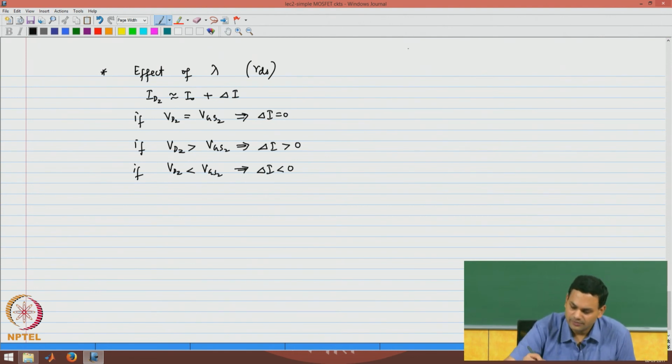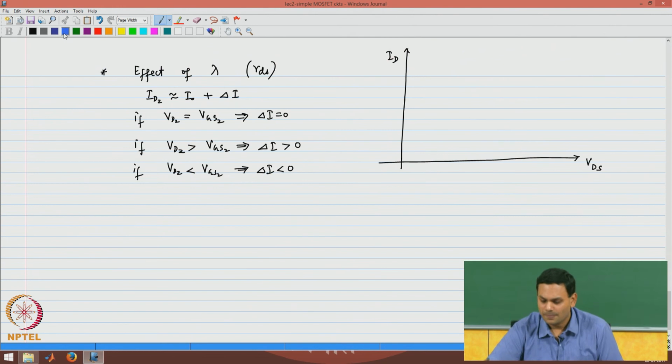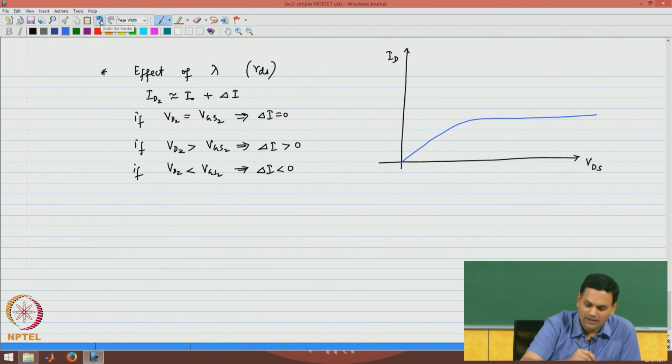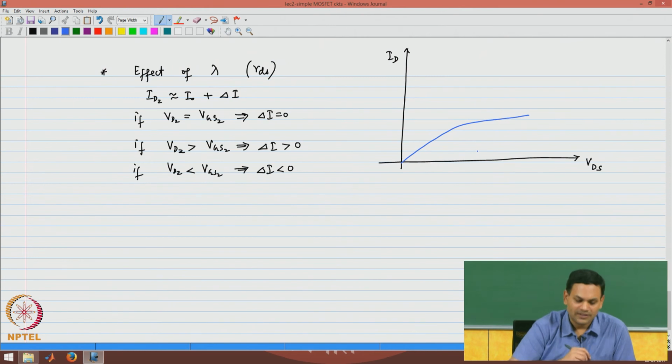In other words, if I were to draw the ID versus VDS for the devices, I have shown a slight dependence on VDS. What I will do is exaggerate that dependence to show it in slightly better detail.